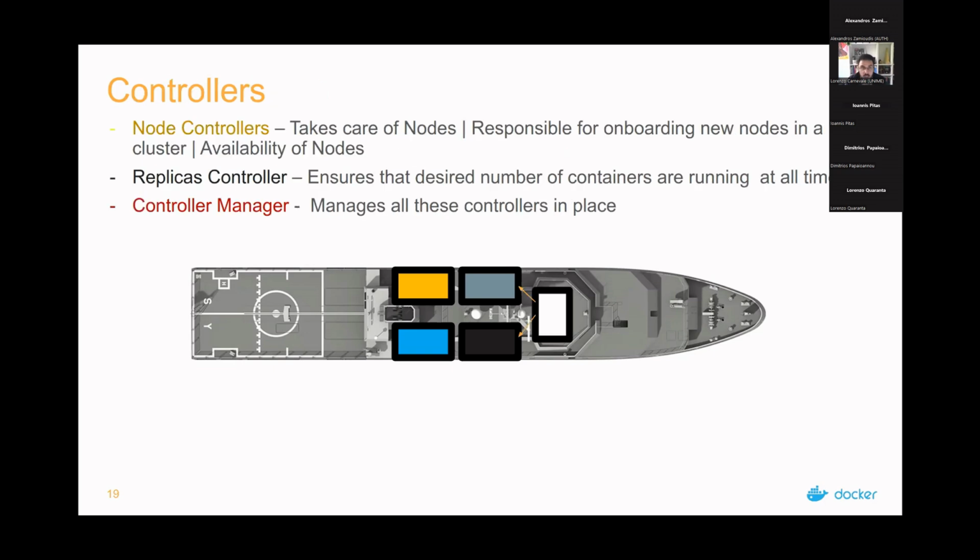And how do we do it in Kubernetes? We have node controllers that take care of the nodes, responsible for new nodes inside the cluster and the availability of the nodes.